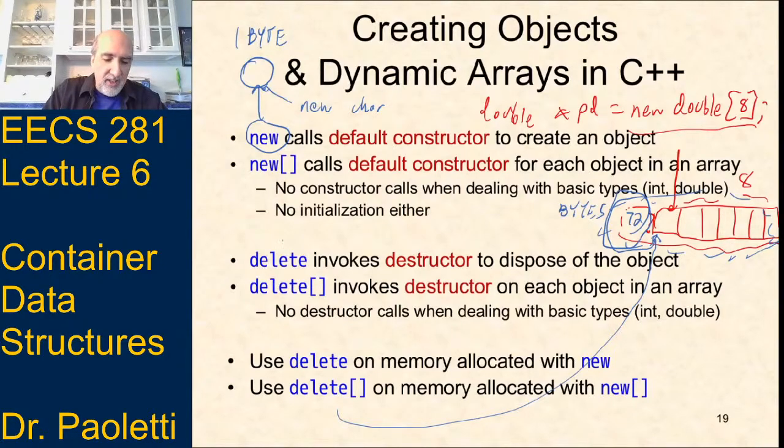And when I do a delete, and I say, hey, delete this thing, it says, well, I know you gave me a character pointer. Character pointers are 1 byte of storage. I get rid of 1 byte. So it makes it simpler and less memory usage to have 2 versions. New square brackets has to record the size. Delete square brackets has to look at the size. But new and delete don't have to store the size. They don't have to look at the size.